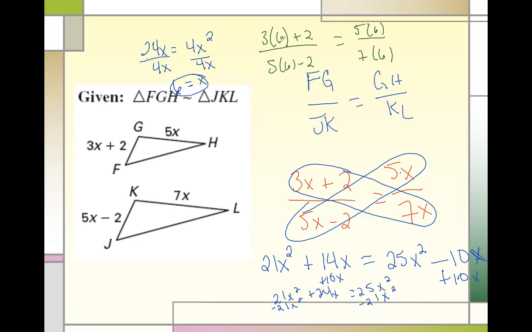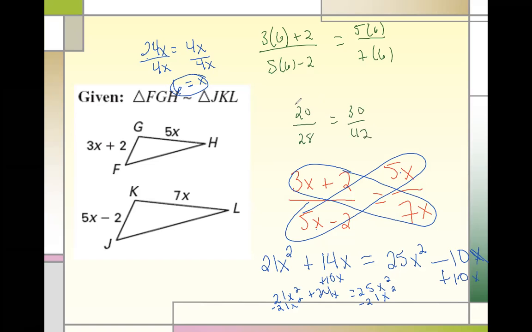Now, in order for this to be equal, our cross products would need to be equal. So we need to see what our cross products will be. I'm going to erase some of this other information so that I'm not overlapping. What we're going to end up with is 18 plus 2, so we have 20 over 30 minus 2, 28, equals 30 over 42.